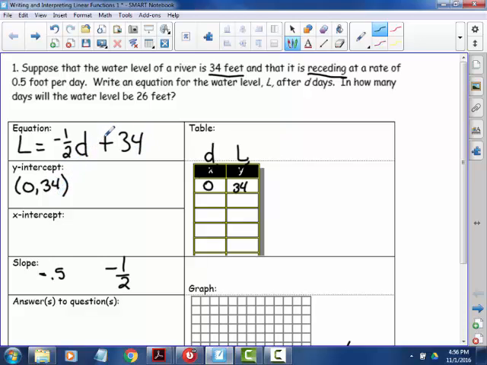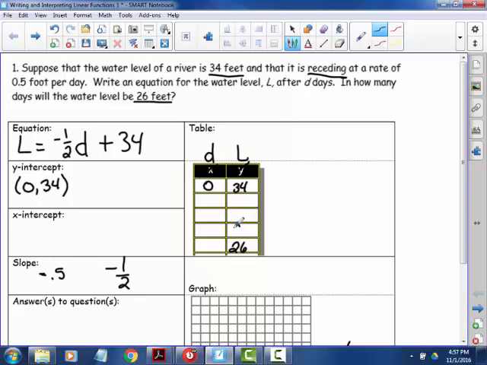Okay, let's see. For the table, I could put some more stuff in there. This 26 feet would go under the water level, so that might be something I want to put in my table. I don't know how many days that is yet. The x-intercept, I would probably want to put in my table as well.